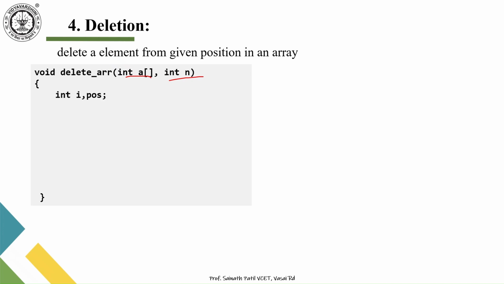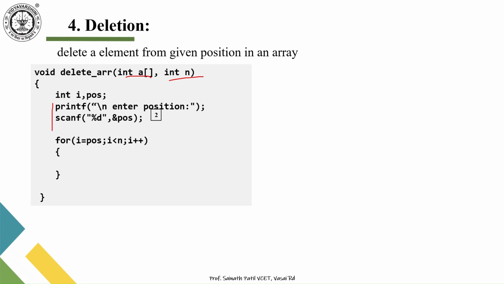Here we declare int i comma position. First, this printf scanf will take the position from the user from where you want to delete. For example, suppose I want to delete from the second position or index 2.